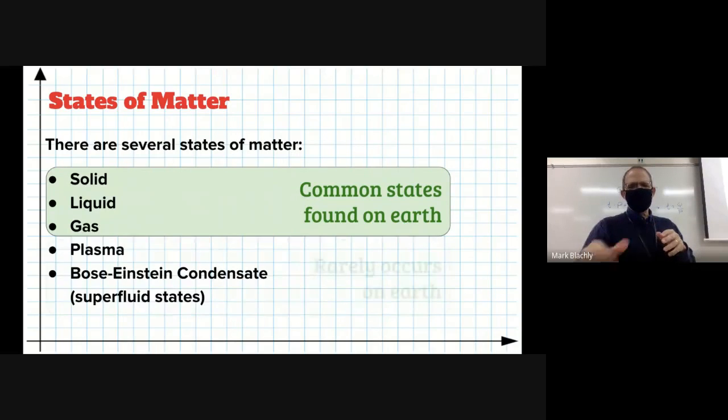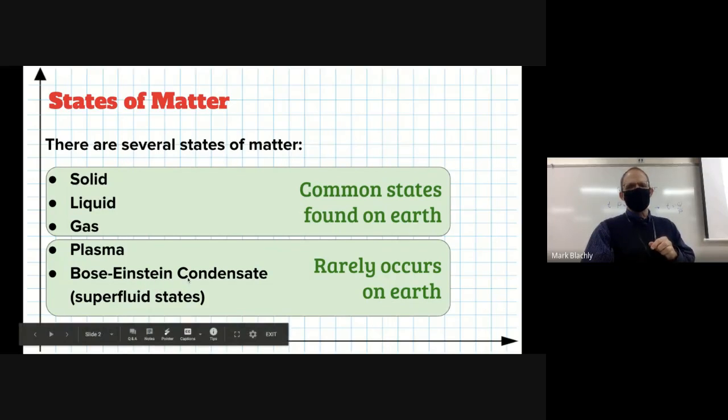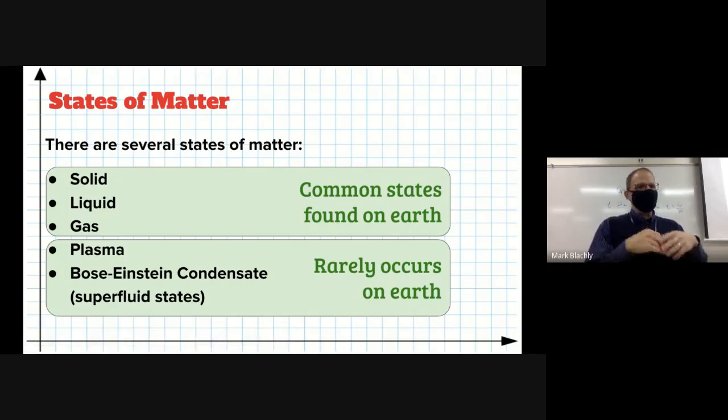The other cool thing is a Bose-Einstein condensate, and this very rarely occurs also. It's what's called superfluidity. So if you take liquid helium and you cool it all the way down near absolute 0, it becomes superfluid, and it can sneak between molecules and out the walls. You can't contain it. Okay, it's like magic. It passes through the walls of the container that it's in. It does cool stuff. But anyway, those are special ones.